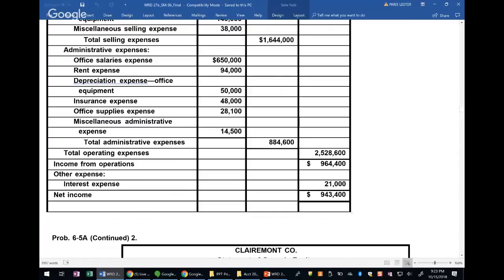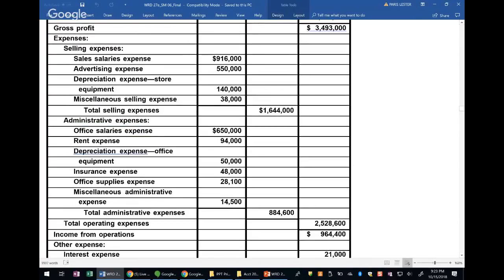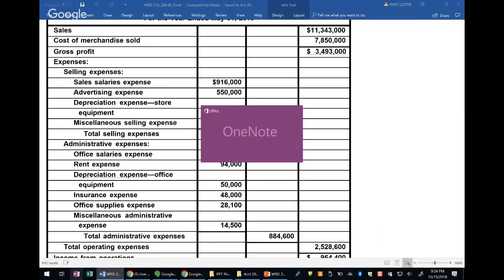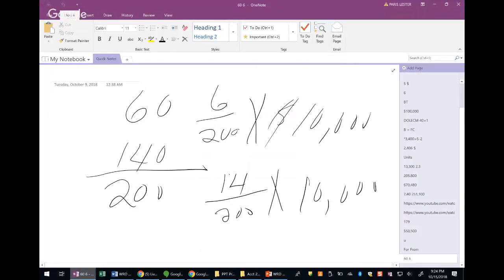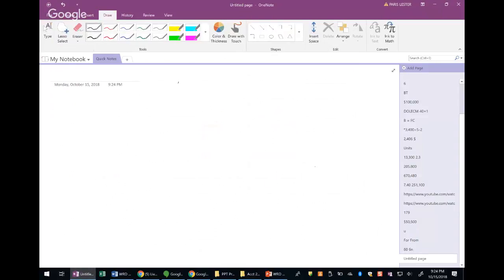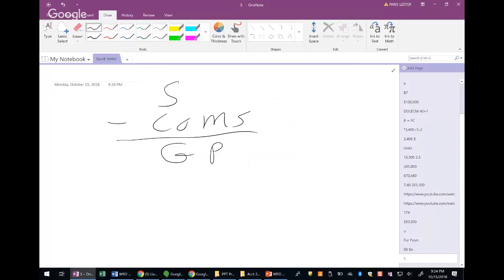These will not let me write on them. Now, this is no different than what I've been showing you in short form. In short form, that is your sales minus cost of merchandise sold gives you gross profit, minus operating expenses, which is selling expense and administrative expense.